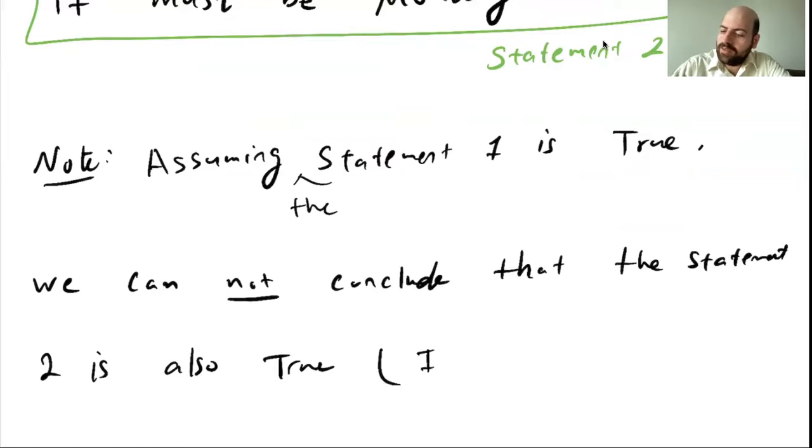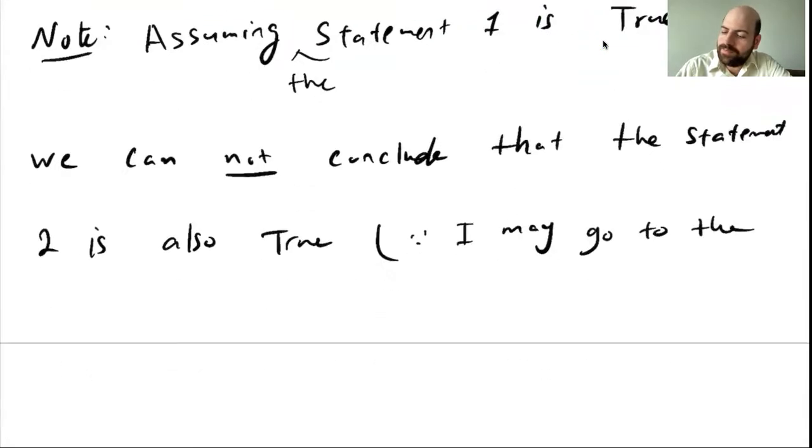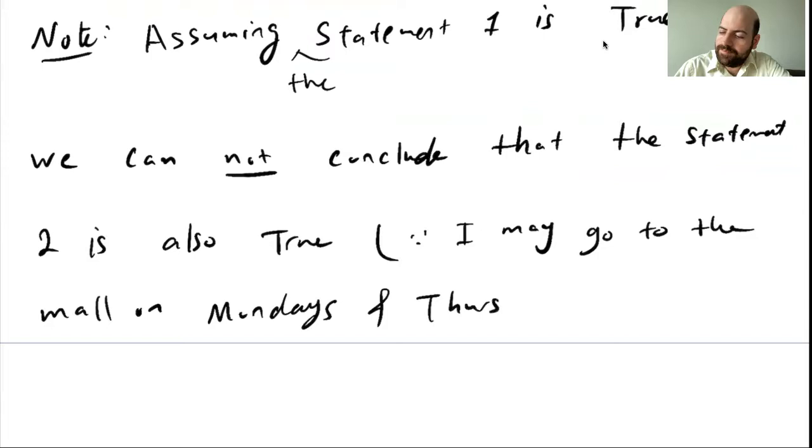Because I may go to the mall on Mondays and, let's say, Thursdays. So I'm saying that we cannot conclude that statement 2 is true, because it's possible that, let's say, on Thursdays I also go to the mall. But I'm not saying that it cannot be true.